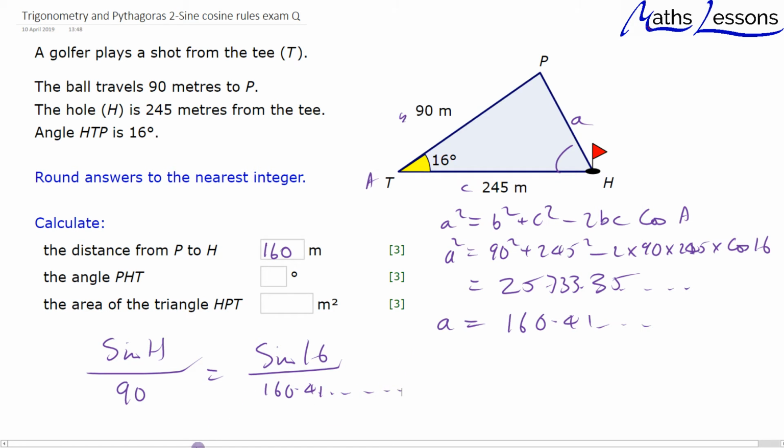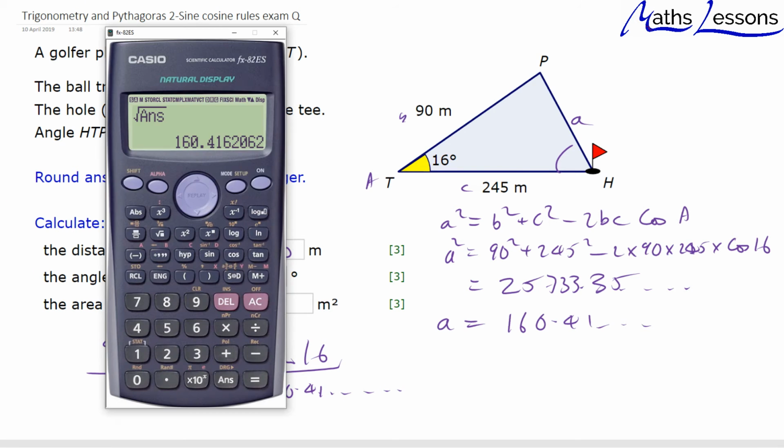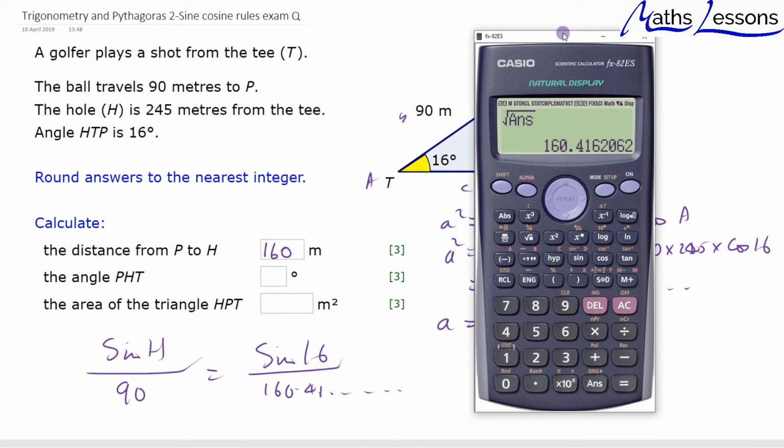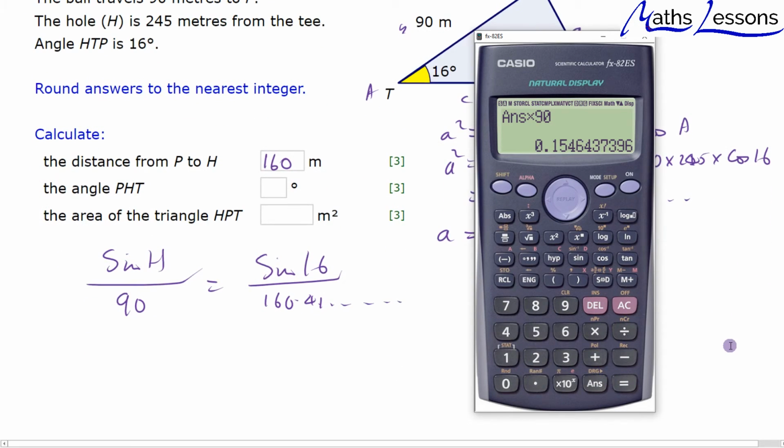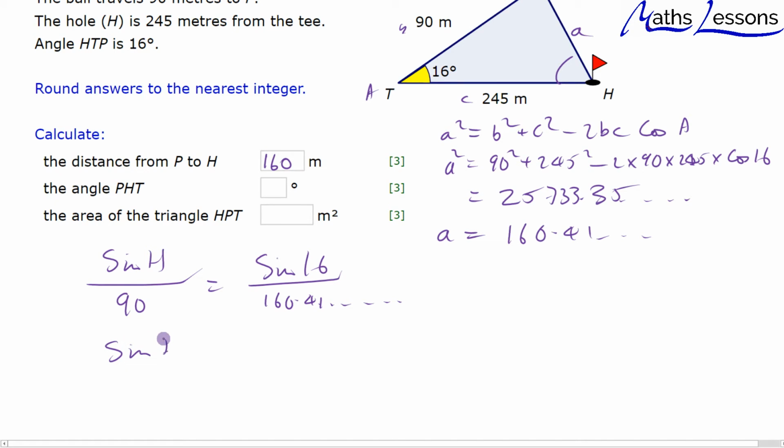So when we grab our calculator, we've got that number still there, we're going to do sine of 16 divided by the previous answer, equals, times that by 90, and that gives us what sine of H is equal to, about 0.15.